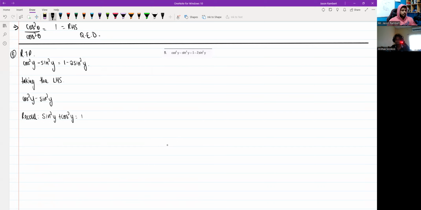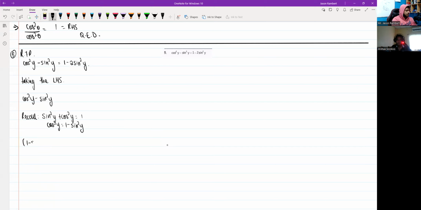Sine squared y. So think about it, look at what I'm trying to get. Oh, sorry, no, cos. Yeah, I want everything in terms of sines. Very good. I'd have to make cosine the subject of the formula in this case, because I'm trying to get a sine here, I want to get rid of the cosines. So I'll say cosine squared y is 1 minus sine squared y.